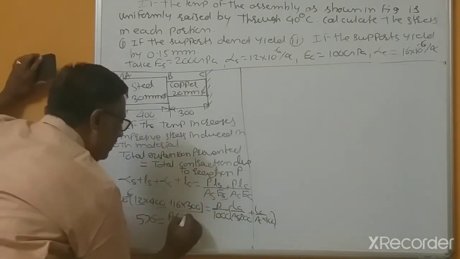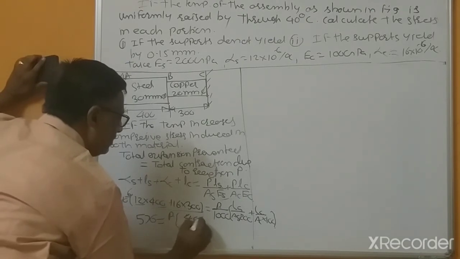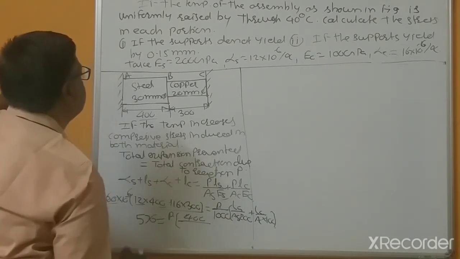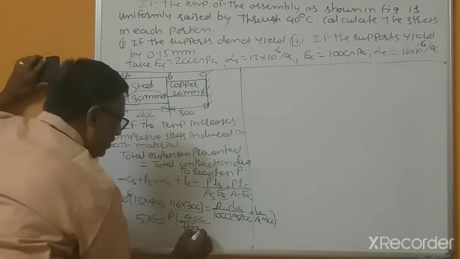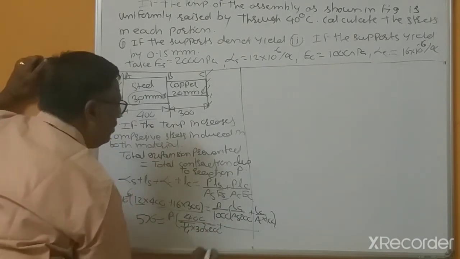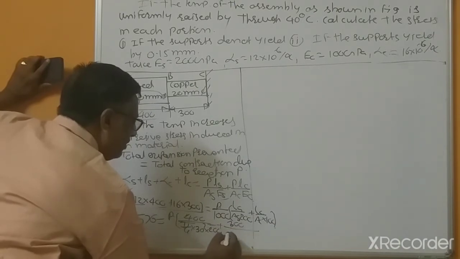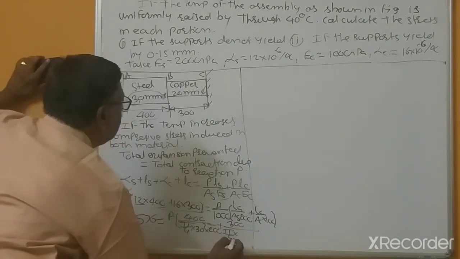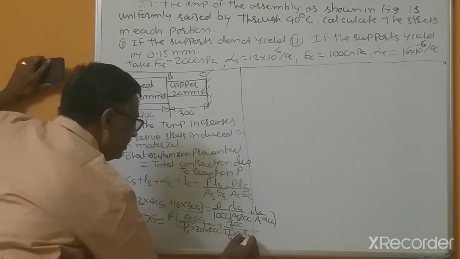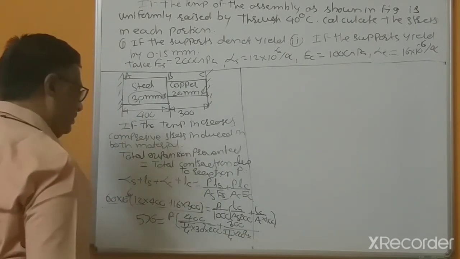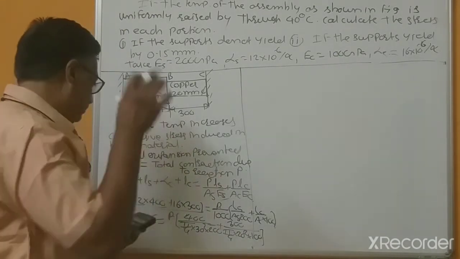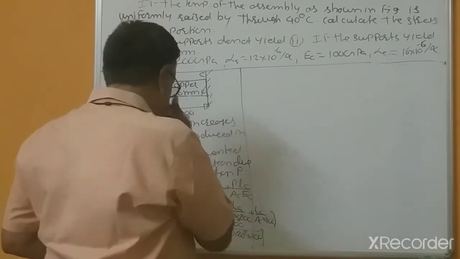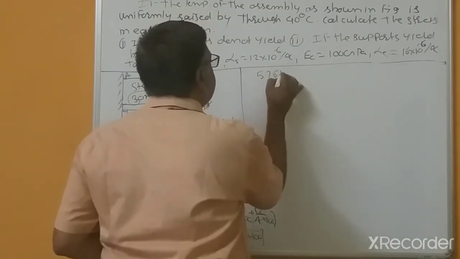Now this is 400. So A S is pi by 4, 30 square, multiplied by 200, plus this is 300 over pi by 4, that is 20 square, multiplied by 100. So that's why this is 576.